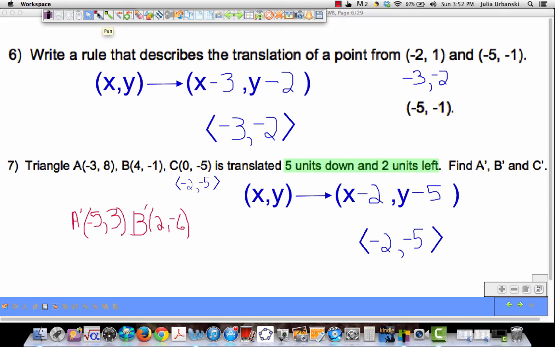To turn it into C prime, all you do is arithmetic. 0 minus 2 becomes -2. And -5 minus 5 actually becomes -10. So those are your 3 new values right there.